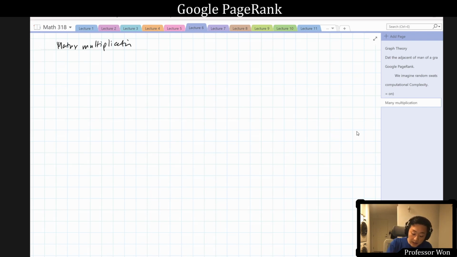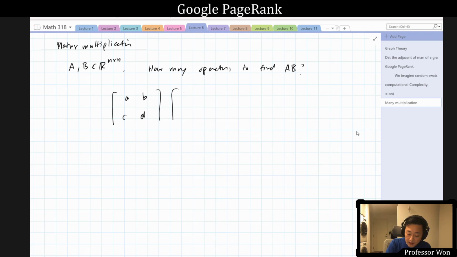Okay, so suppose that A and B are two n by n matrices. How many operations does it take to multiply? Well, let's think about this for a second. I can even do it with two by two matrices just to illustrate.